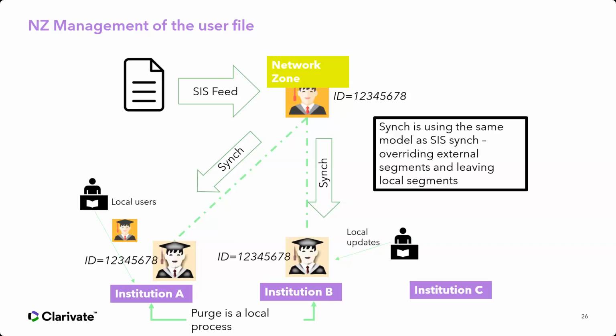Okay, so then the question would not be relevant, because they are external anyway. Correct, it's irrelevant. It's like SIS feeds, creating and updating external accounts, just like an SIS feed would. Okay, let's go on.